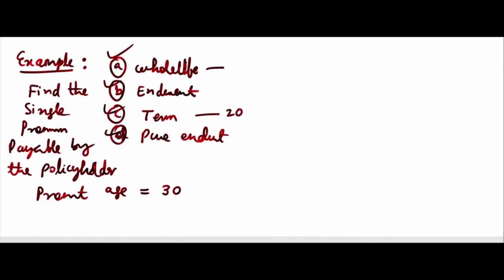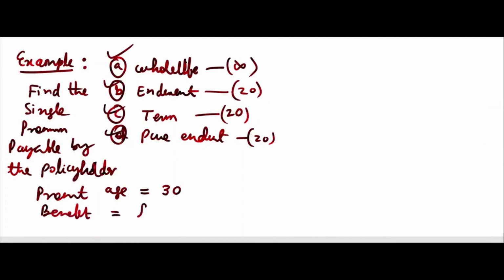I can write whole life. This is 20-year. Endowment also, I can write 20-year. Pure endowment also 20-year. What are the benefits? Benefit will be, suppose, 20,000 pounds, payable at the end of the year of death.